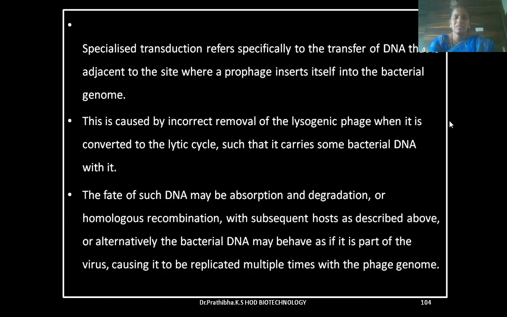The fate of such DNA may be absorption and degradation, or homologous recombination with subsequent hosts as described above. Or alternatively, the bacterial DNA may behave as if it is part of the virus, causing it to be replicated multiple times with the phage genome.